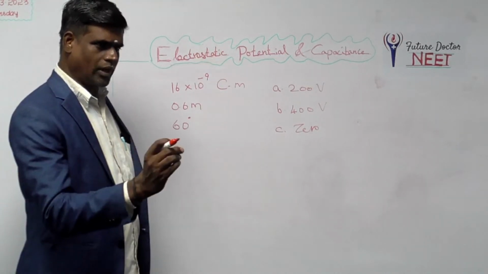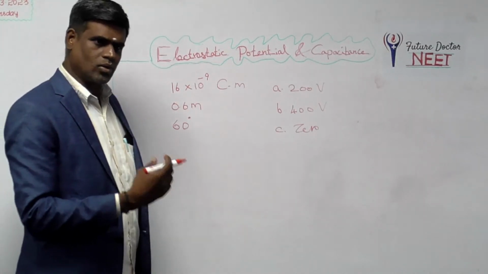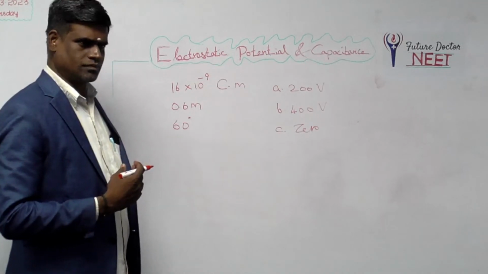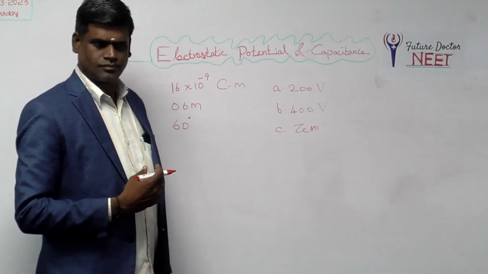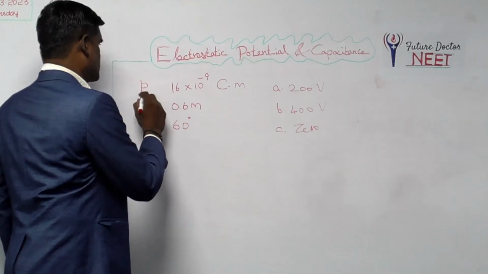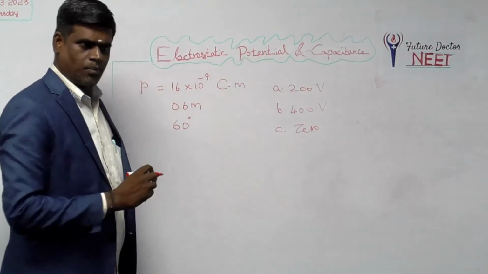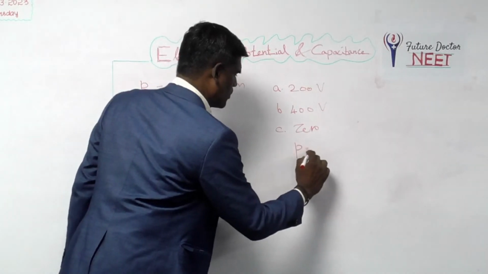Q into 2D equal to what? Q into D or Q into 2D equal to? P, is it so? Dipole moment P equal to Q into 2D. We discussed, no?